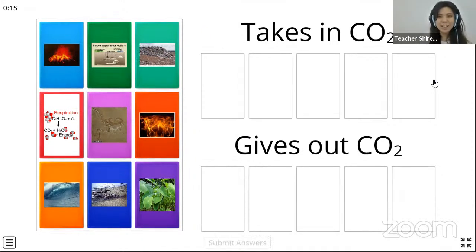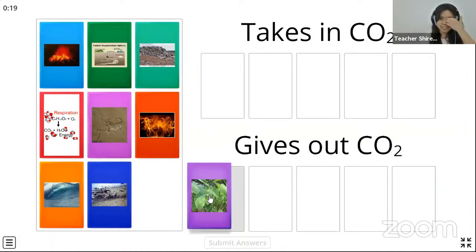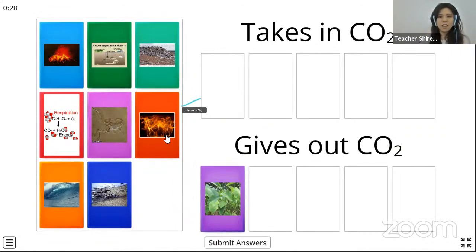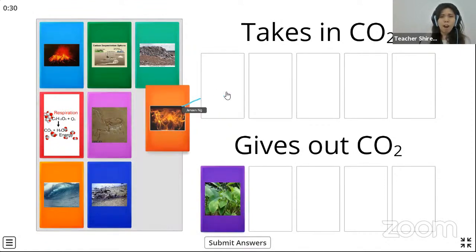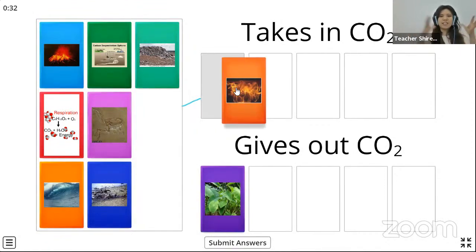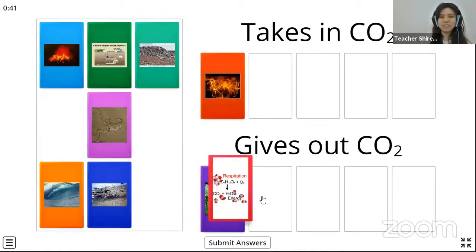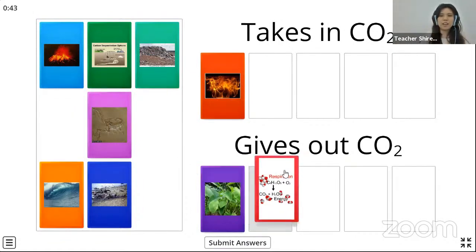Carbon dioxide. CO2 is carbon dioxide. Very good. Takes in carbon dioxide and gives out carbon dioxide. Fire is very hot. Breathe in is like take in.